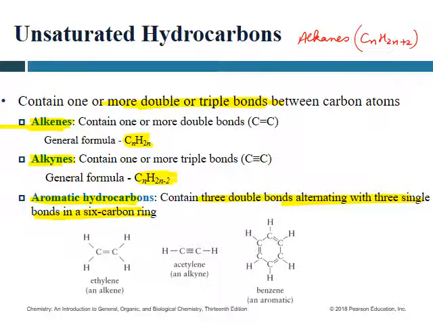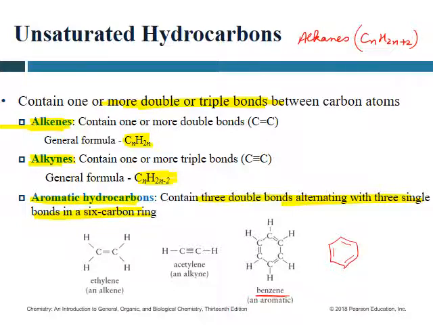If we were to draw the line structure of this, it would look like this. It's a 6-membered ring, and then we have alternating double and single bonds. So double bond, single bond, double bond, single bond, double bond. Okay, so this is how an aromatic compound looks. This ring is called benzene.